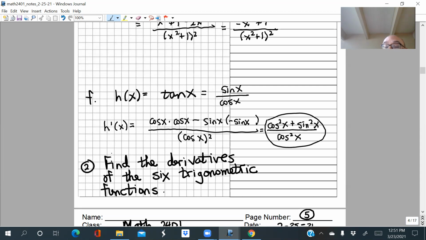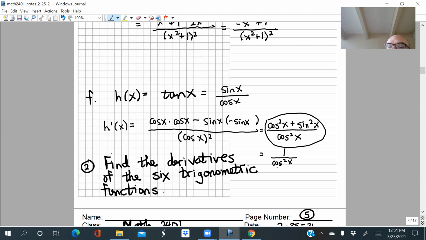That looks kind of ugly, but we can simplify it a little bit, because what is cosine squared of x plus sine squared of x? You remember your famous Pythagorean identity? What does that always add up to? 1. So the numerator just becomes 1, and you have 1 over cosine squared of x.